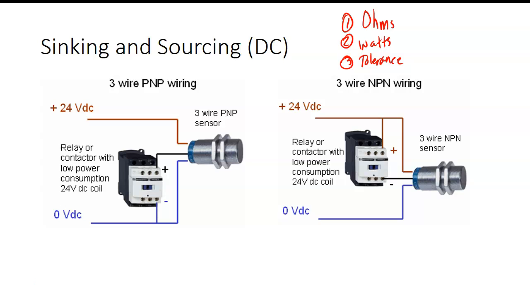You understand? Yes or no? Well, to get current to flow, we come over here, and then I got the input of the PLC. It's going to be referenced to a voltage level over here. And my sensor is going to connect over here somewhere.